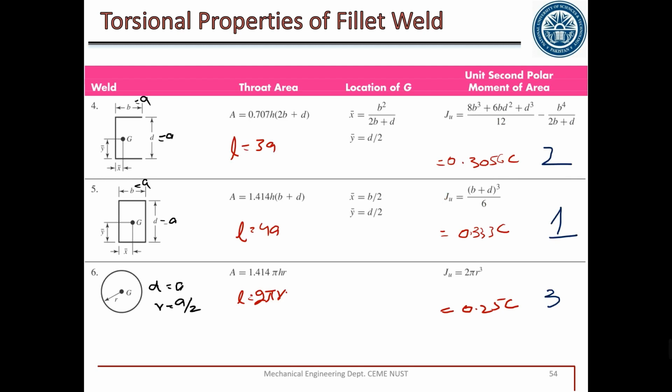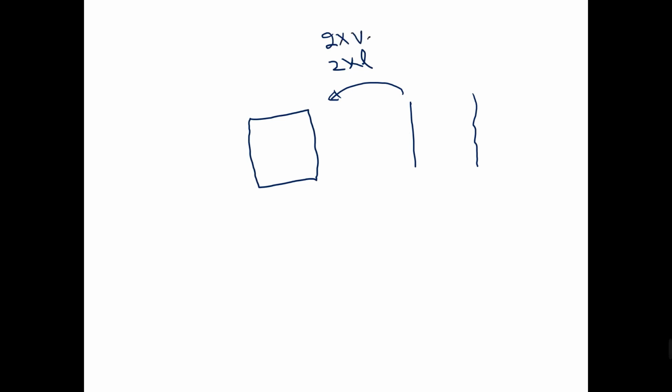Why is it the same? Let me explain. This is case 5 and this is case 2. If you compare them, we have double the length of weld and double the volume. It means double the value of Ju. So the value of Ju is doubled and the value of L is doubled.